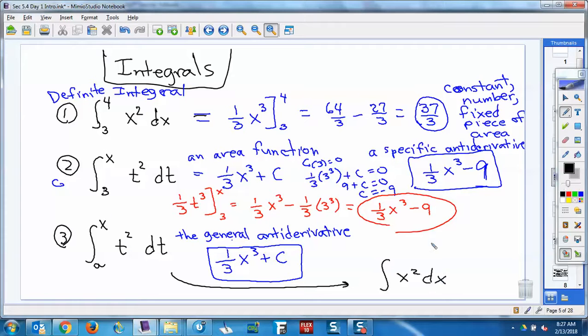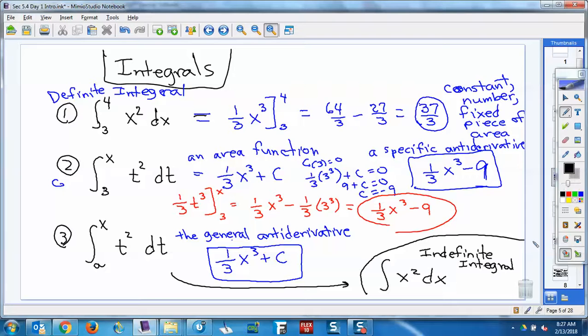And this is called an indefinite integral. Indefinite, right? It is not a fixed piece of area. All it means is find the general antiderivative. That's what your gateway test is going to look like. A big chunk of your gateway test is going to be those problems right there, and all that is saying is do the antiderivative.